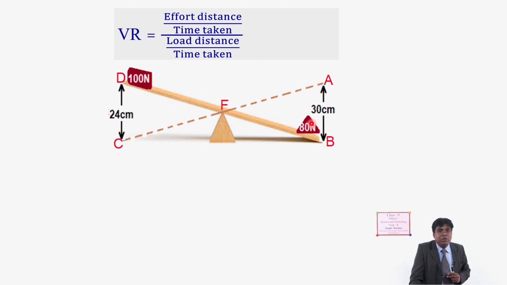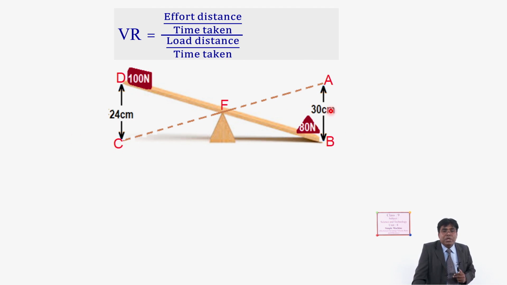Okay, a smaller value should be chosen for effort. So this effort was previously here, and when 80 Newton effort is applied to this simple machine, the load is lifted from point C to D. Distance moved by effort is A to B. Distance moved by load is C to D.